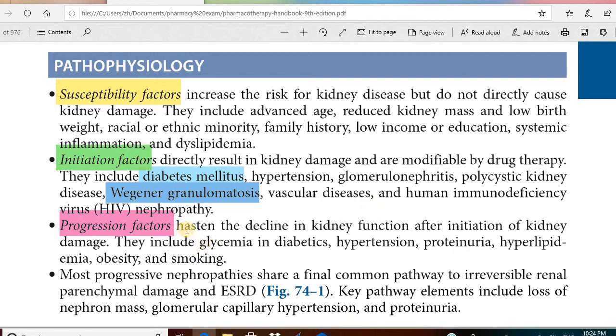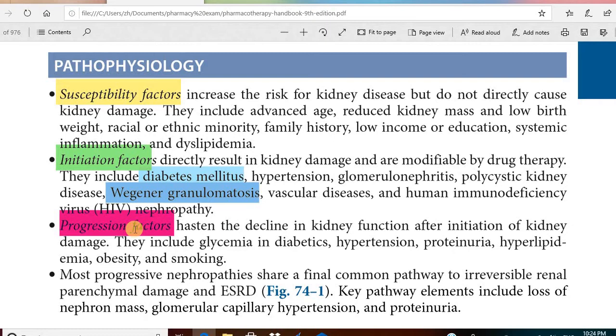And progression factors, which hasten the decline in kidney function after initiation of the kidney damage. So progression factors are those which enhance the kidney damage. Like initiation factors initiate the kidney damage, once the kidney has been damaged, then the progressive factors further decline its kidney function.